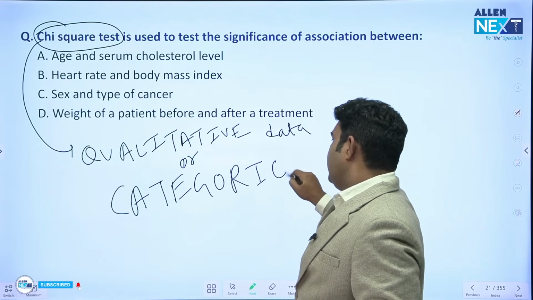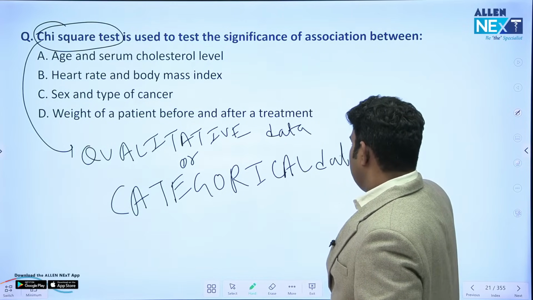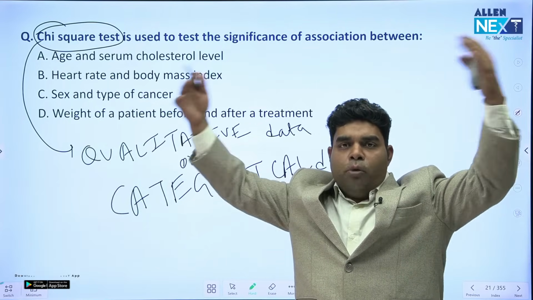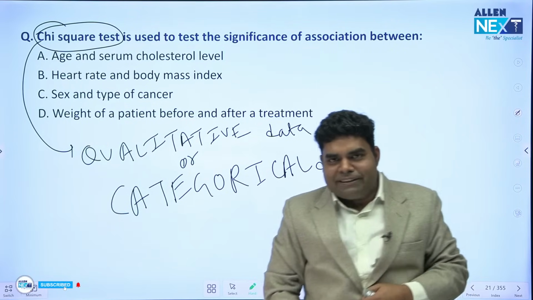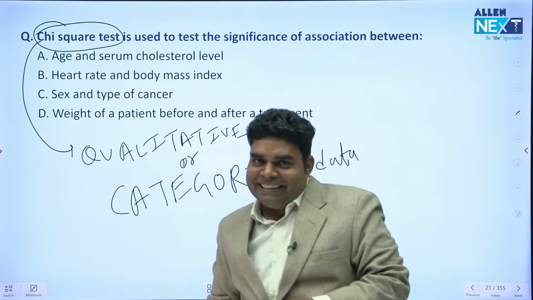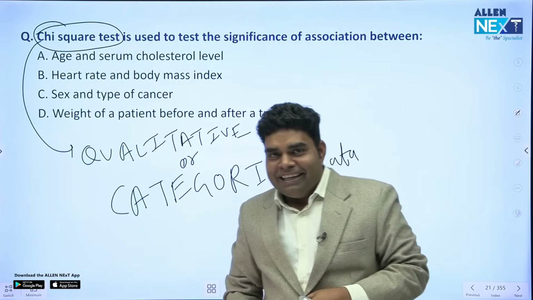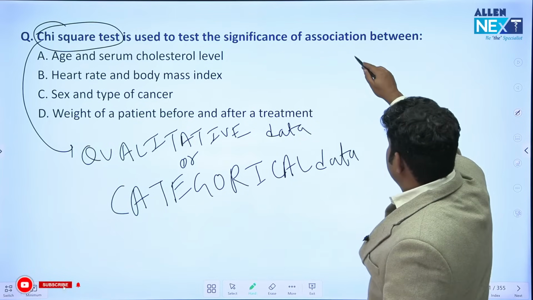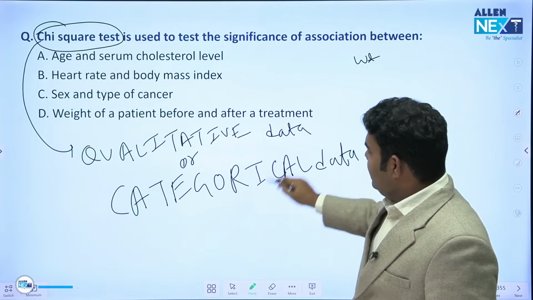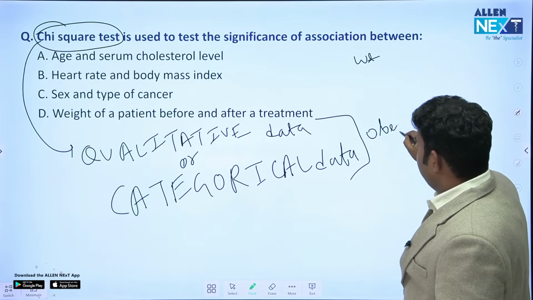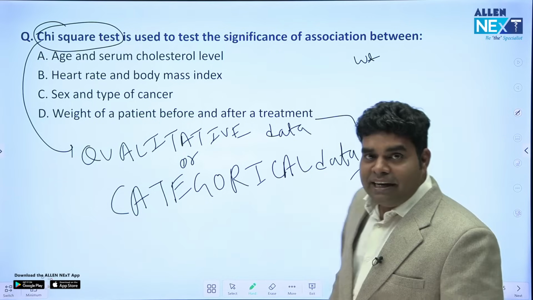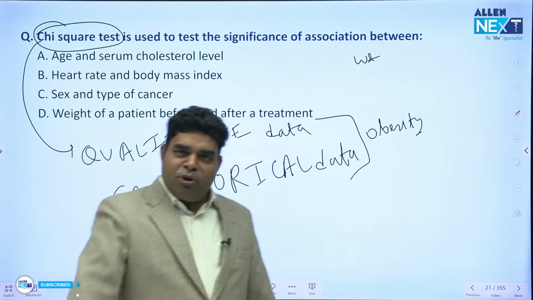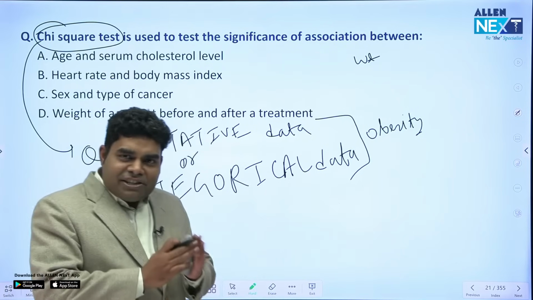For example, if I ask my obesity is quantity or quality, what will you answer? Quantity or quality? You cannot measure my obesity. You can only measure my weight. Obesity, if I ask, obesity you can only categorize into mild, moderate, severe obesity. आप बस कह सकते हो कि मोटे तो ज़्यादा मोटा हो गया, बहुत ज़्यादा मोटा हो गया, फटने वाला है ना? That is just category.